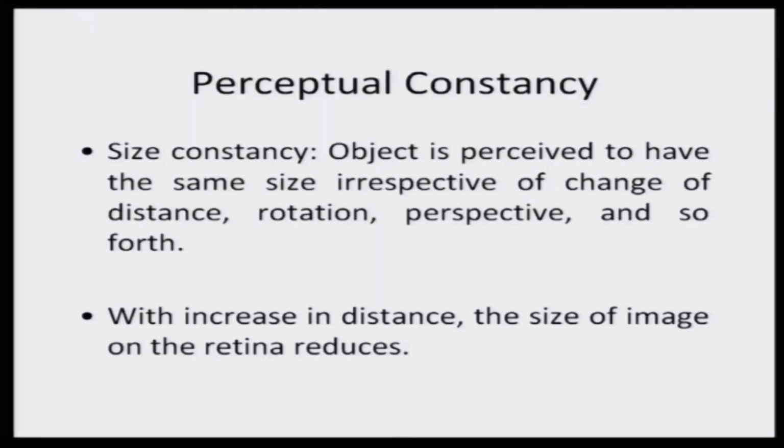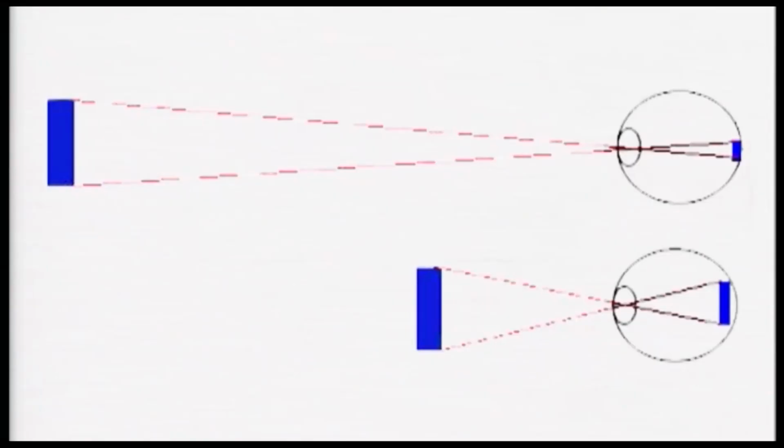So, let us first look at size constancy. Objects are perceived to have the same size irrespective of the change in distance, rotation and perspective. With increase in distance, the size of the image on the retina always reduces.